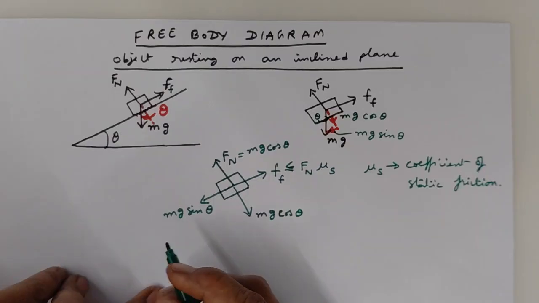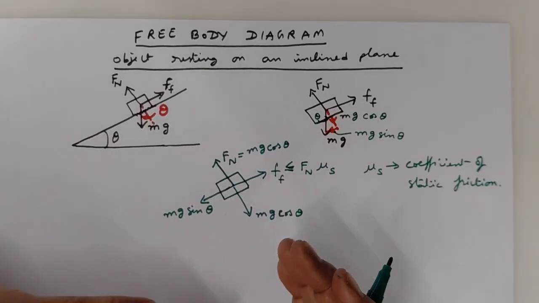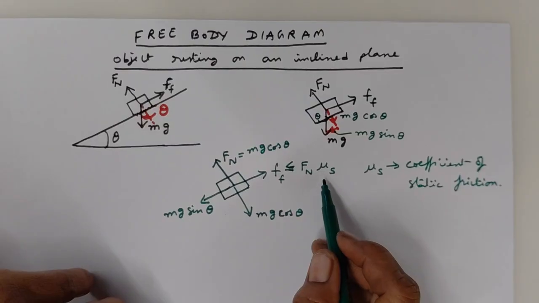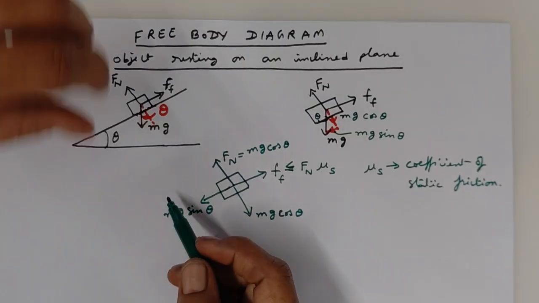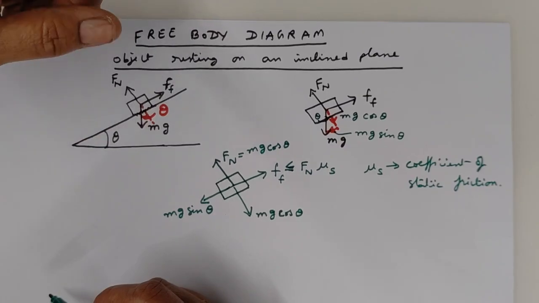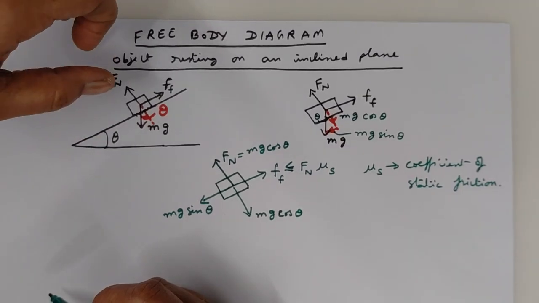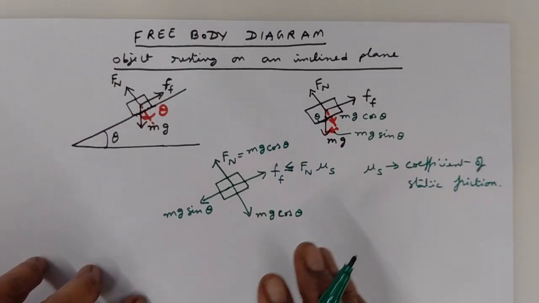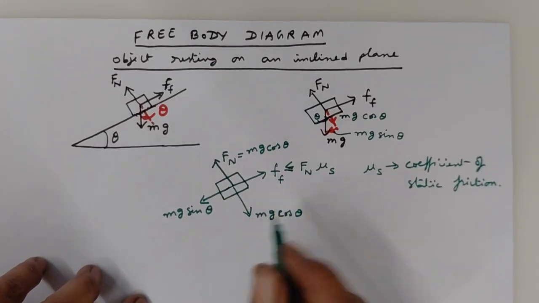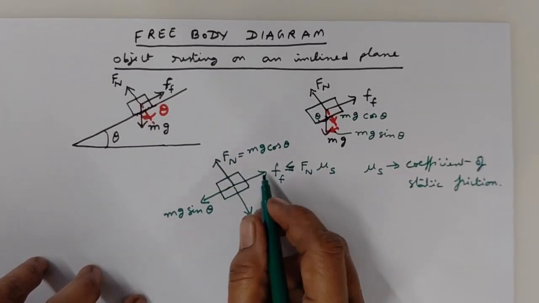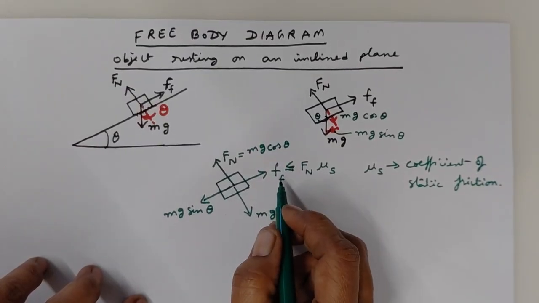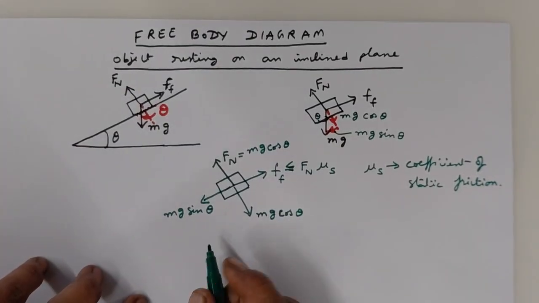So in what condition might it move? If you consider that mu s is constant, there is a certain inclination of this inclined plane at which it can start moving. When it is at the verge of movement, meaning it's about to move, just before moving, these will become equal and they will be in equilibrium. These forces which are acting parallel to the inclined plane are in equilibrium, right?